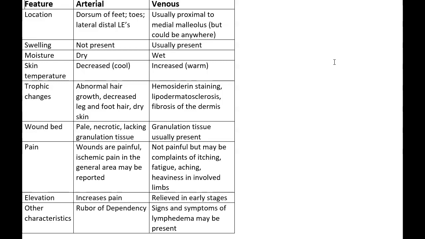The one thing I'm confused on. The answer's in the name. It's rubor of dependency. So dependent means if I'm sitting up, my distal lower extremities are dependent to the rest of my body.